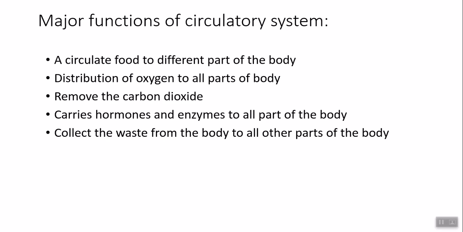The major functions of the circulatory system in the invertebrates are to circulate the food to different parts of the body, distribute oxygen to all parts of the body, remove carbon dioxide from the body, carry hormones and enzymes to different parts of the body, and collect waste and bring it to the outside and then dispose of it out of the body.